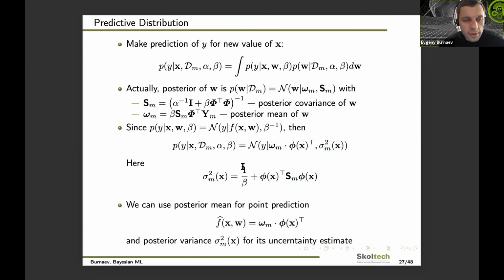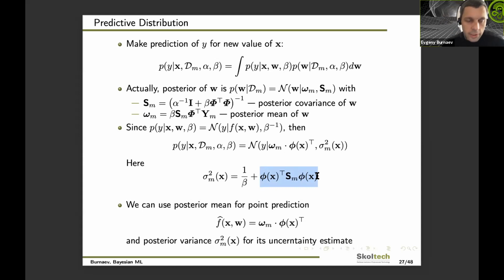So we see that we get this variance. This is the noise variance, right? And this is the additional variance we get because we don't know the values of parameters W exactly. There is uncertainty in the values of parameters W.